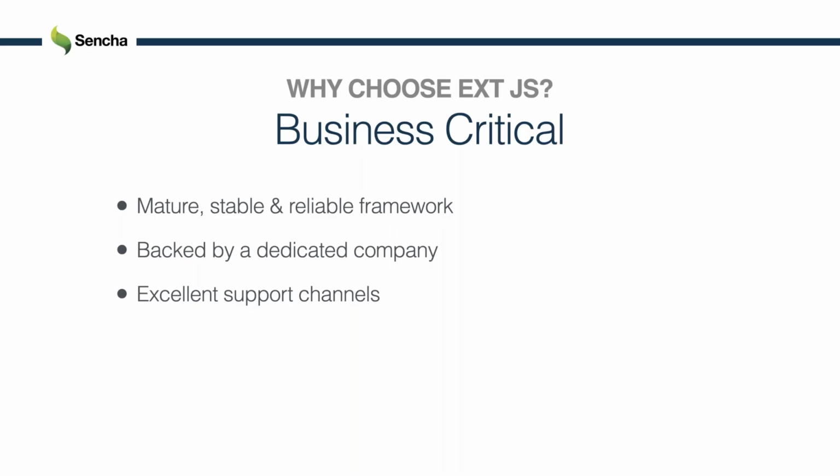The fact that ExtJS is developed by a dedicated team and a company behind it means they can ensure that the delivery quality is high, and that we can rely on the quality of the product and take that into our applications. And there's also really good support channels where you can report bugs or get help with queries or issues as you go. So that's another good reason for choosing the framework.